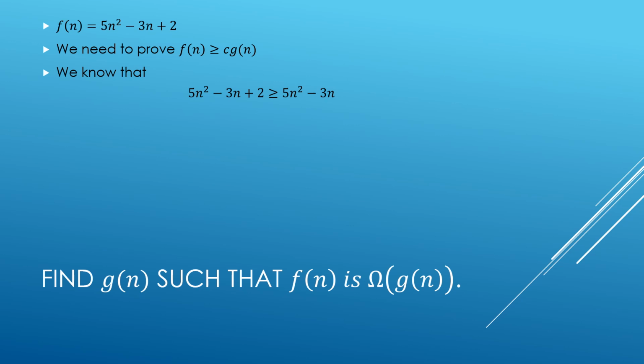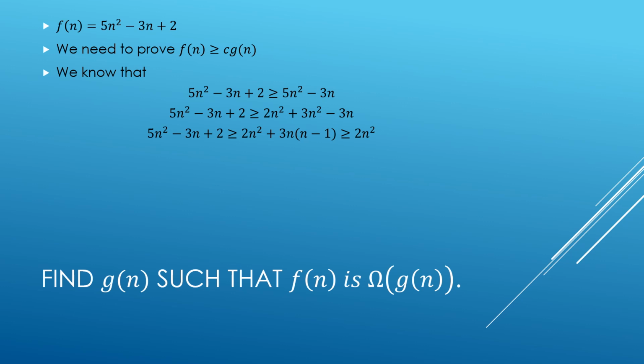What to do about this 3n? Again, I do the same thing. I split 5n squared into 2n squared plus 3n squared. And then in the last two terms, I will take 3n common. This is what I do. Now 2n squared plus 3n, whole multiplied with (n minus 1), is greater than or equal to 2n squared.